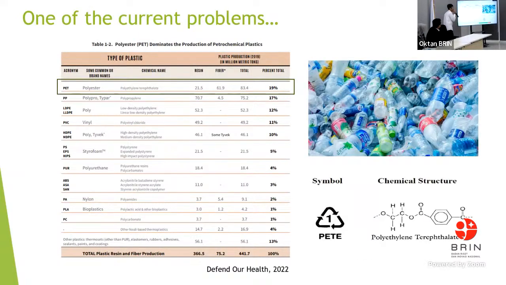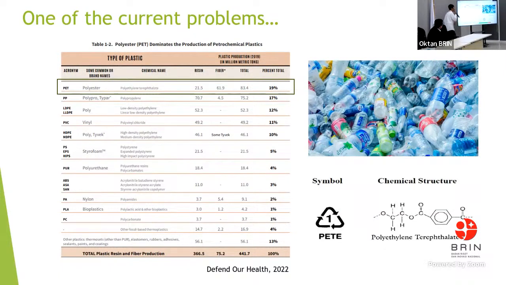So now we already know that we are facing environmental issues that come from plastic waste. The contribution of PET is the largest because in 2019 it was the most produced plastic in the world.